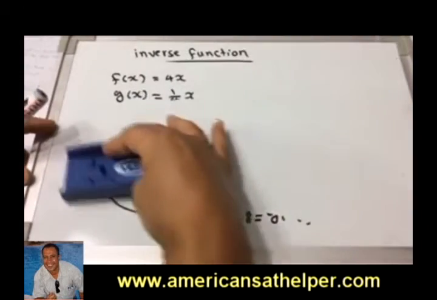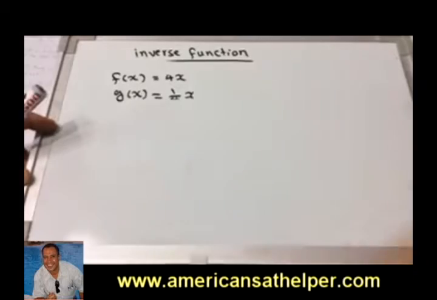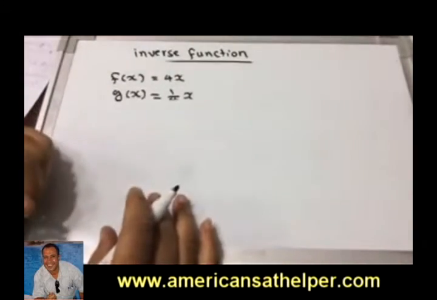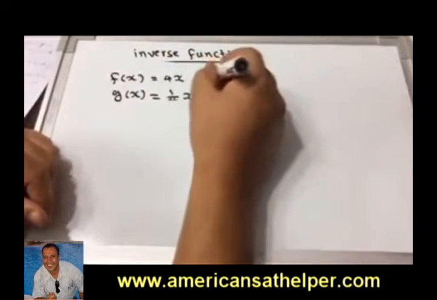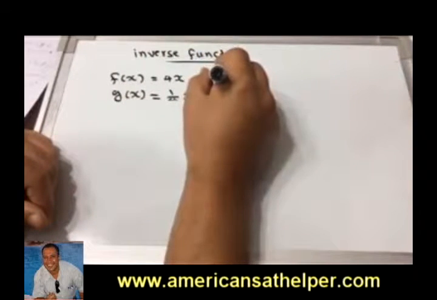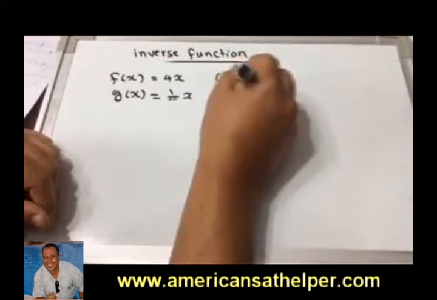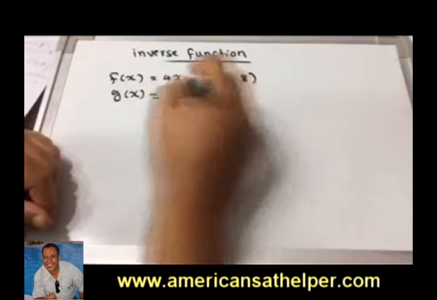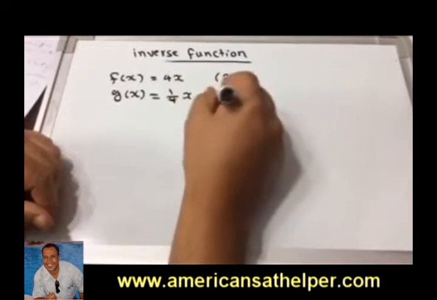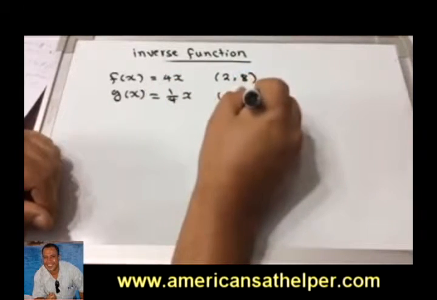So, let's write down the numbers that we substituted and what we got. When we put x equals 2, we got y equals 8. And when we put 8 in the other function, we get y equals 2.